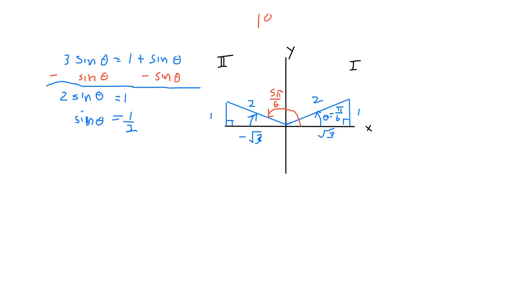Because 180 degrees minus 30 degrees, that's a minus there. Man, we can do better than that, class. That's 150 degrees, which is 5 pi over 6.